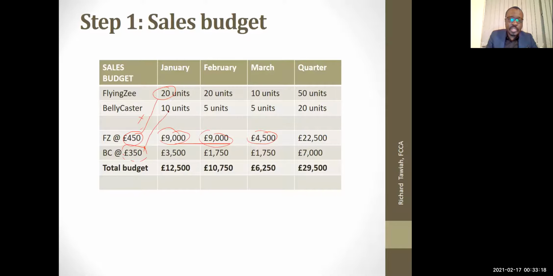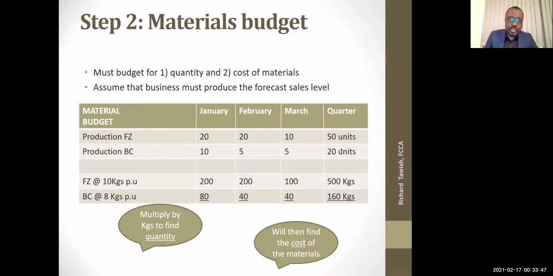We simply multiply it by the units, and it will give us our 3,500. Same for this, same for this. Sum the two items up and we get our total sales budget for the first quarter. So overall, the total sales budget for the quarter for the two items we are producing becomes 29,500. Quite easy to work.